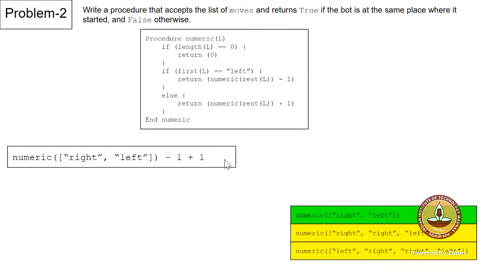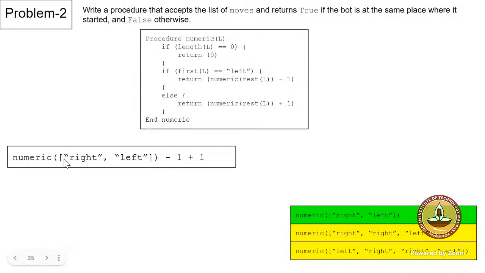Next, we call the procedure numeric again by passing the list right, right, left. At that time our move is right, so it will go to this call, numeric of rest of L plus 1.